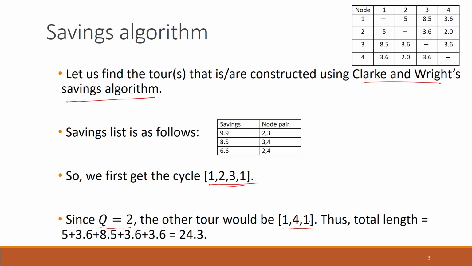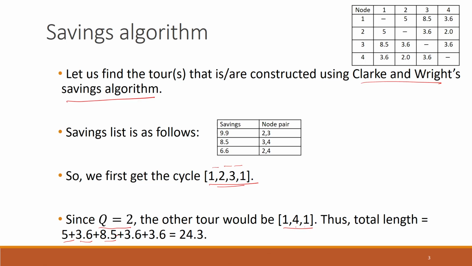So these are the 2 tours that are obtained, and the length of these 2 tours is the distance to go from node 1 to 2, then from 2 to 3, then from 3 to 1. Here you can see the distances: 5 from 1 to 2, then 3.6 from 2 to 3, then 8.5 from 3 to 1.